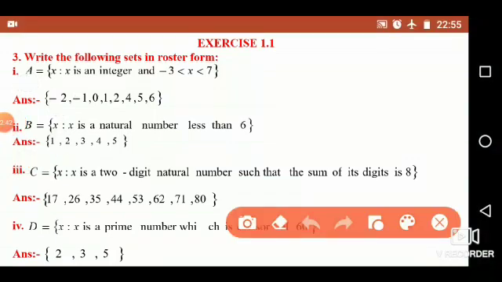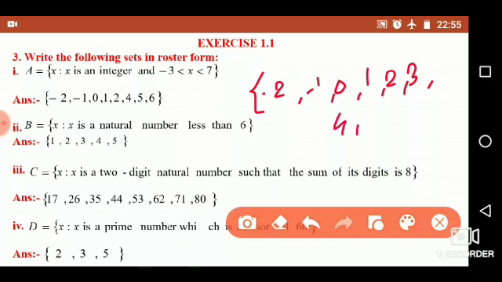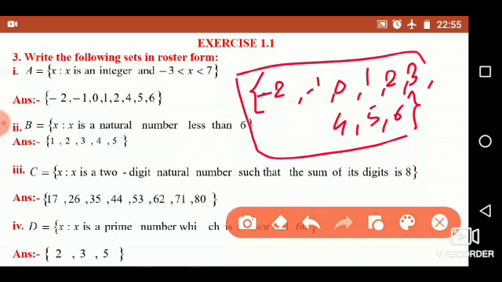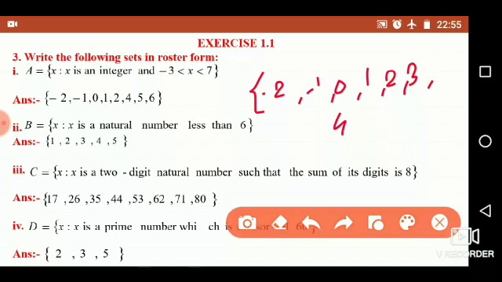So the set contains -2, -1, 0, 1, 2, 3, 4, 5 and 6. These are the numbers which are greater than -3 and less than 7. Therefore, this form is called a roster form because the elements are listed and separated by commas.